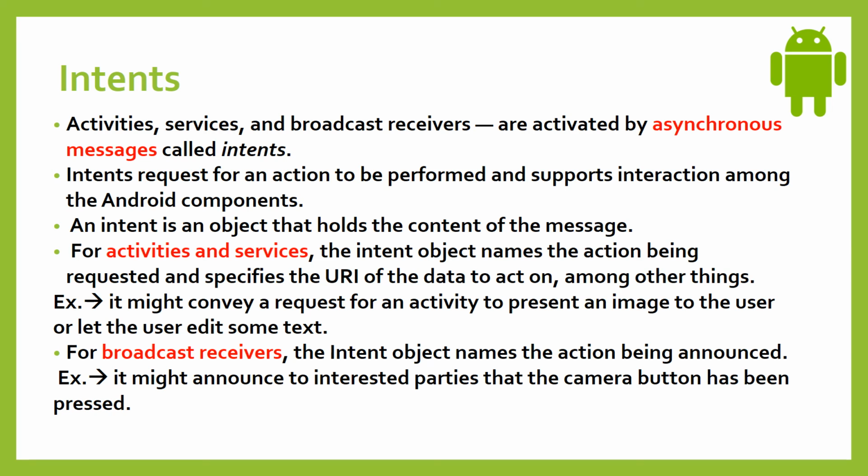They receive something and just announce it. It may be just an announcement that the camera button is pressed or a screenshot that is taken. So in that case, the intent object is the action that has been announced.